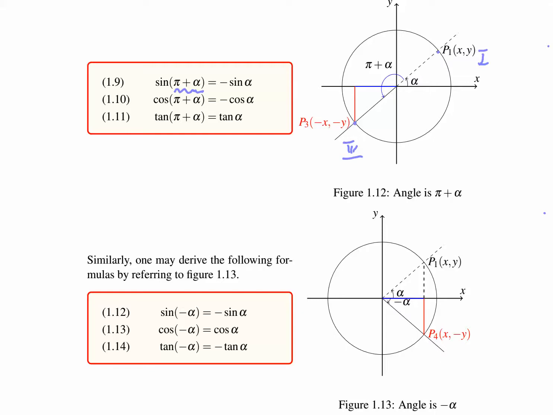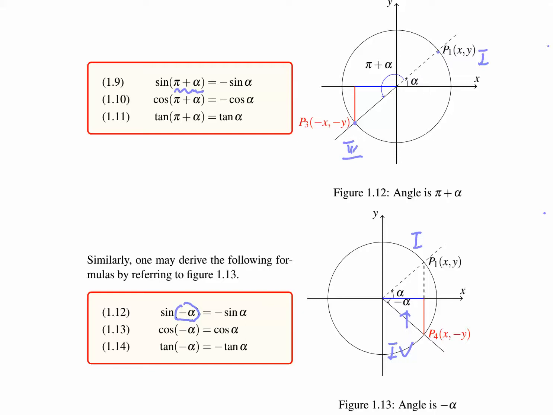The second group of the theorem is between angle alpha in the first quadrant, which is alpha, and in the fourth quadrant, which is negative alpha, right here. So that's why here we have all negative alpha, because negative alpha is in the fourth quadrant.